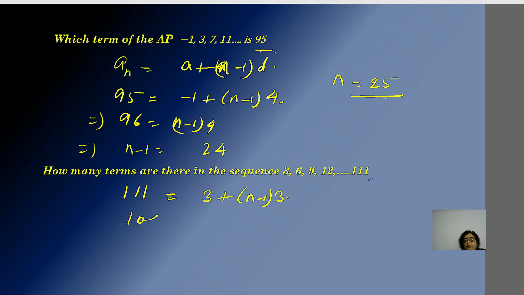So this becomes 108 is equal to n minus 1 into 3. If you divide by 3, you get 36 is equal to n minus 1. So n is equal to 37. That means there are 37 terms in this particular sequence.